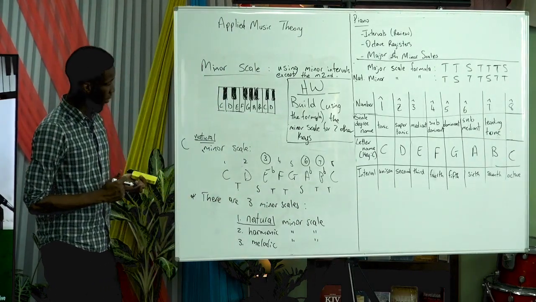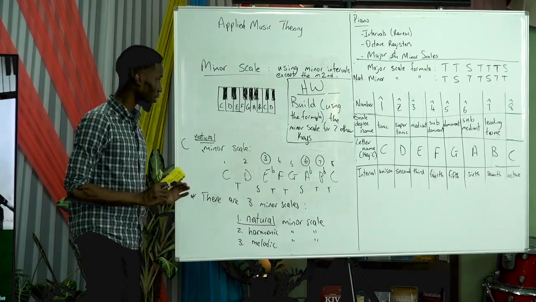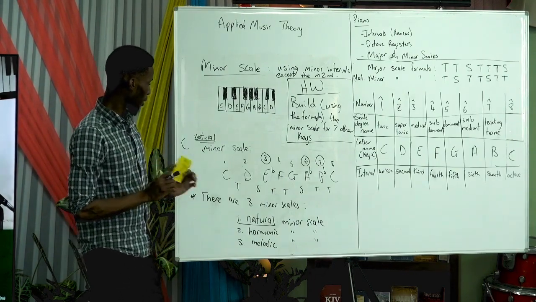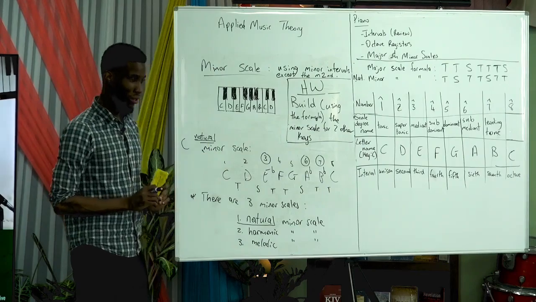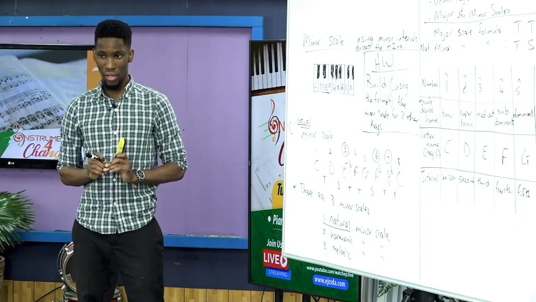Okay? You're going to do that and build it for the minor scale, the natural minor scale. 2 other keys other than C.